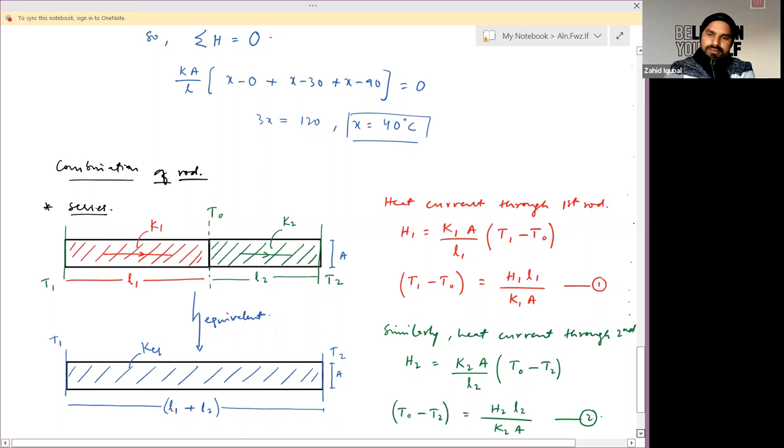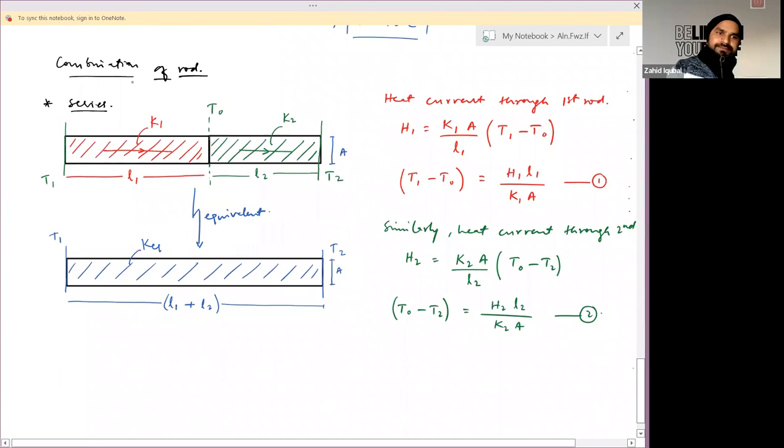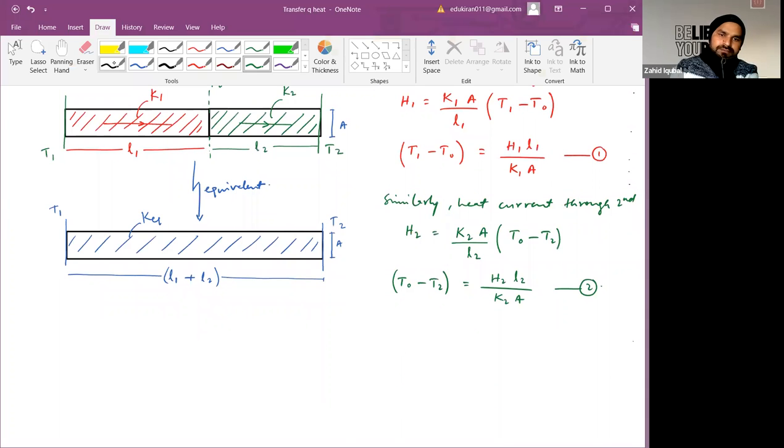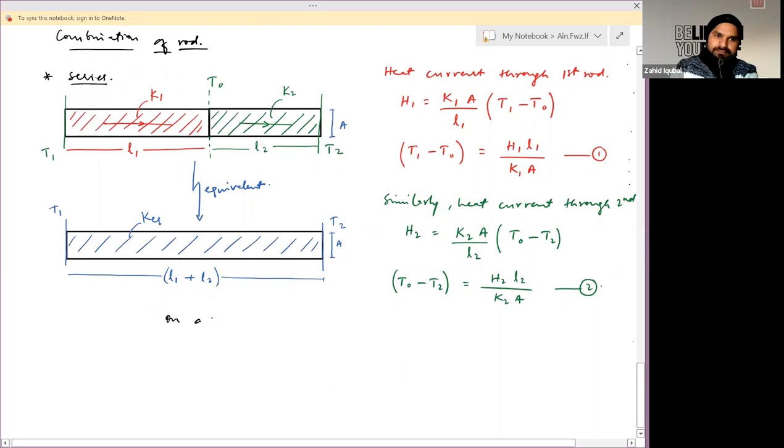Now on adding equation first and second, we have in left hand side T1 minus T0 for first part and T0 minus T2 for second part, which is equals to HL by K into A plus HL by K into A. So T0 and T0 will cancel out.